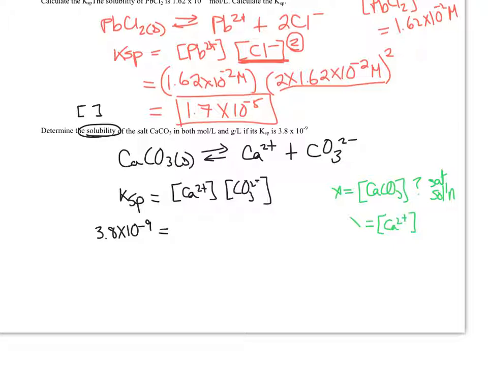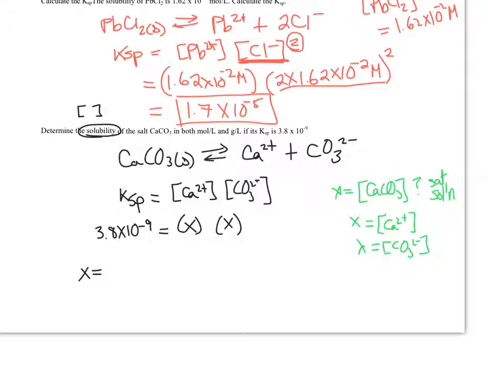Well, it's also going to be X. And the concentration of the CO3 2- is also going to be X because there's only one source for the Ca2+ and the carbonate ions, and they're all 1 to 1 to 1 ratio with the calcium carbonate, so all of them would be equal to X. So then I can plug in this for the Ca2+ and this for the CO3 2-. So this is going to be X times X, and that way I can solve for what X is.